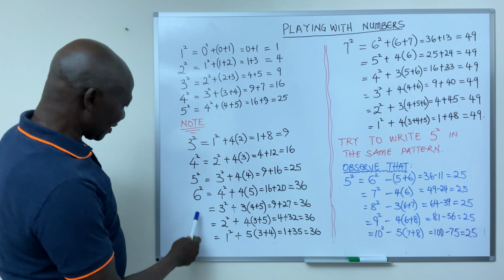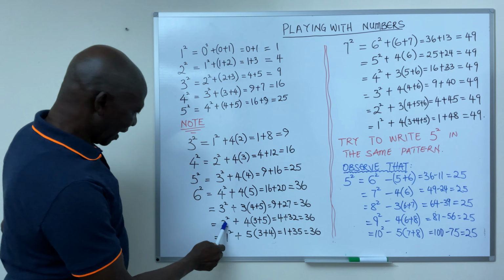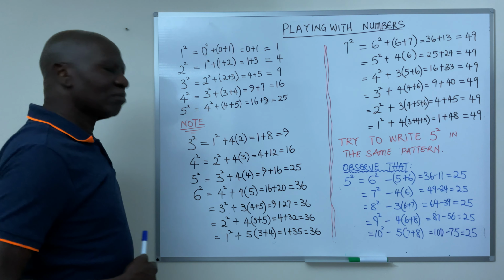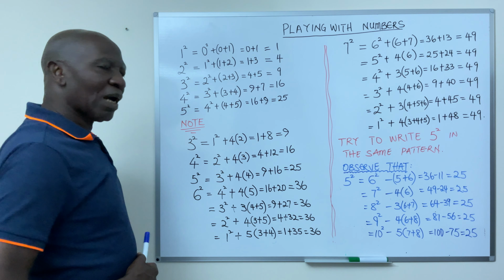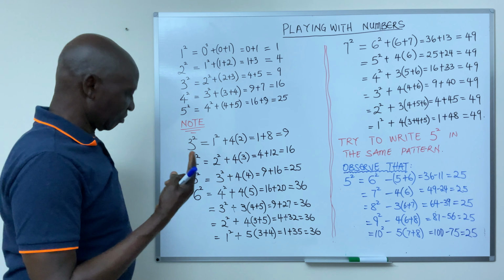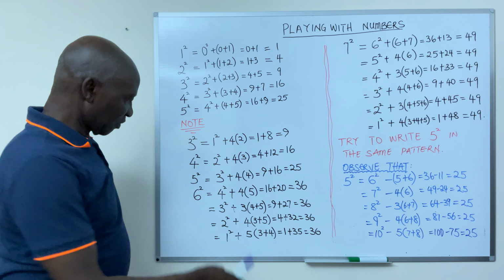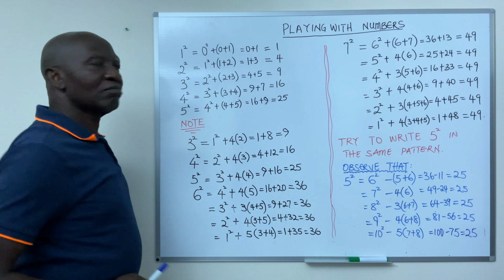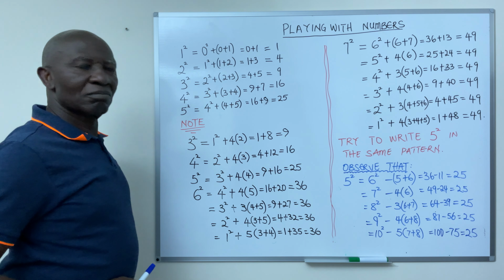Let's take a look at 6 squared and 2 squared. The difference between them is what? 4. So we have 4 here. Then we have 3 and 5.